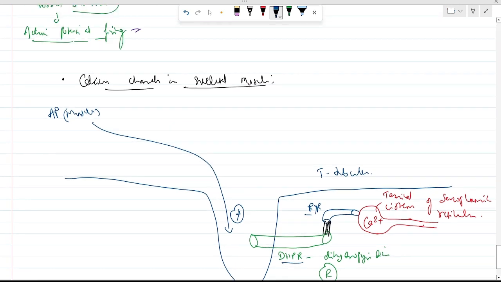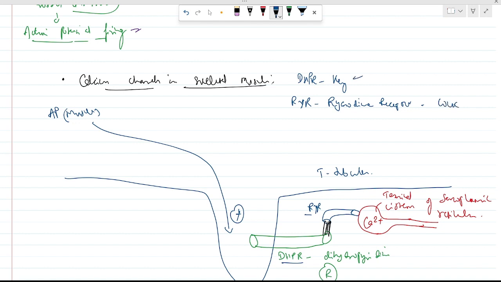DHPR acts as the key, and here is RYR, ryanodine receptor. Excuse me, I'll write it again. RYR is ryanodine receptor. This acts as a lock.